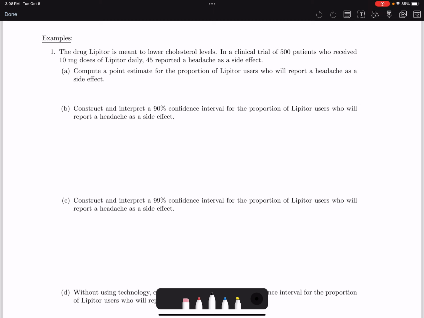Now, the point estimate for a proportion is the sample proportion p hat, okay? And our sample proportion in this case would be, well, there were 500 patients and 45 of them said they had a headache, so it would be 45 out of 500, which is exactly equal to 9%. So there's our point estimate.